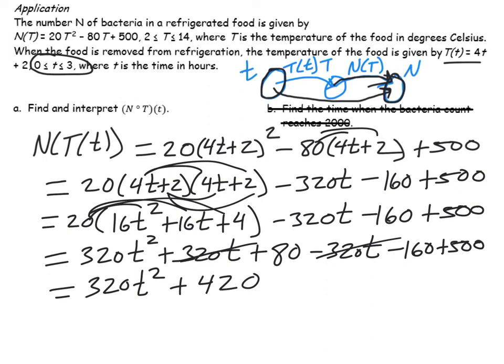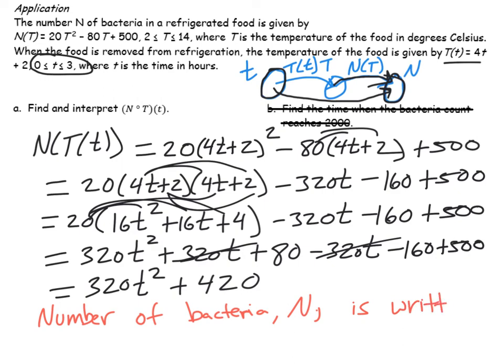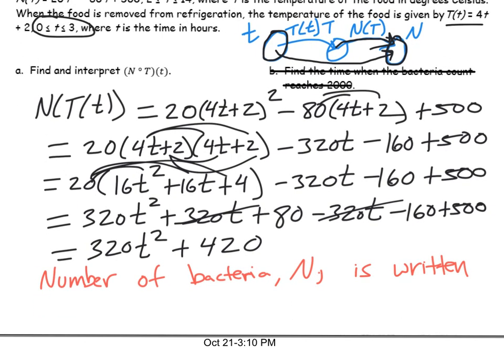Now it wants an interpretation, which we've already kind of touched on. The number of bacteria, which we're calling N, is written as a function of little t.